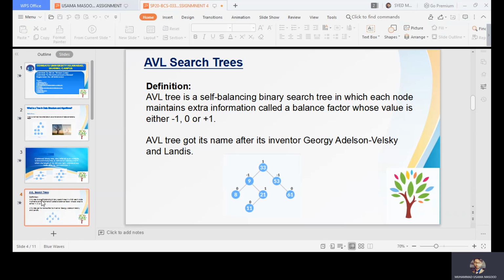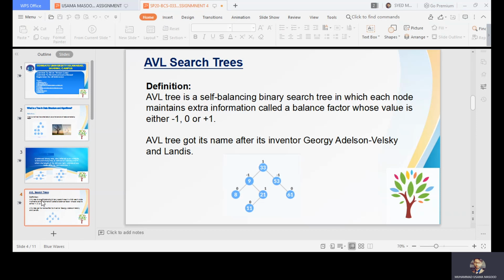If we look at the definition, an AVL tree is a self-balancing binary search tree, in which each node maintains extra information called a balance factor, and its value is either -1, 0, or +1. So this was all about the AVL search tree and its uses.